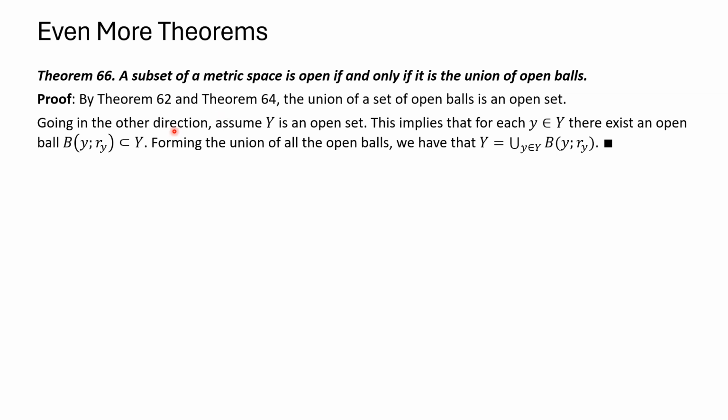Going in the other direction, let's take an open set Y, and then take any small y in our open set Y. Then we know by definition there's an open ball about y that's contained in our open set Y. And if we just take the union of all these open balls, we get Y. And we can reason to that as every element of Y is in one of these open balls, just the way we defined it here.